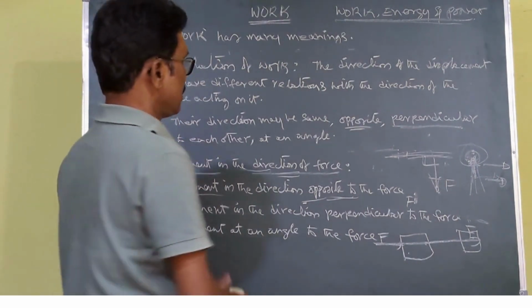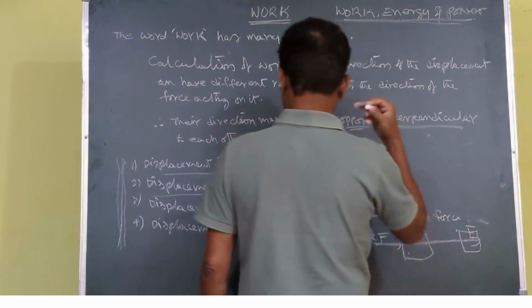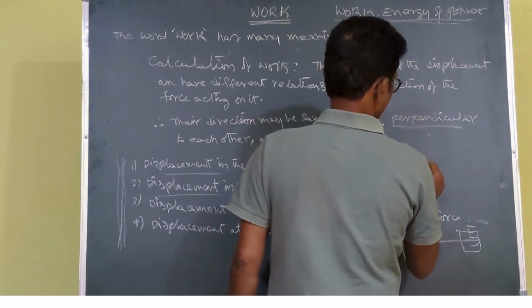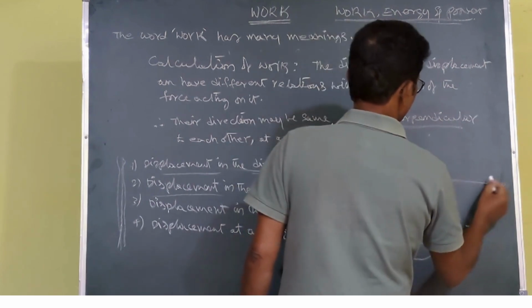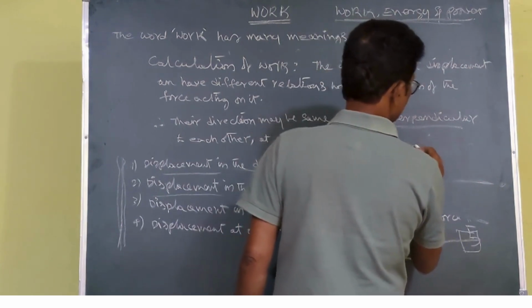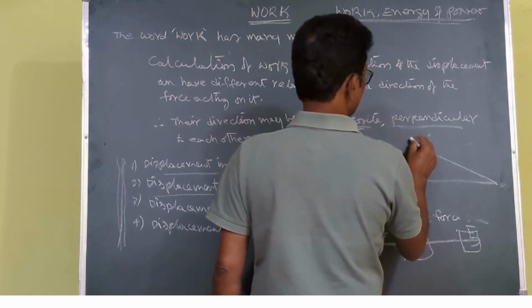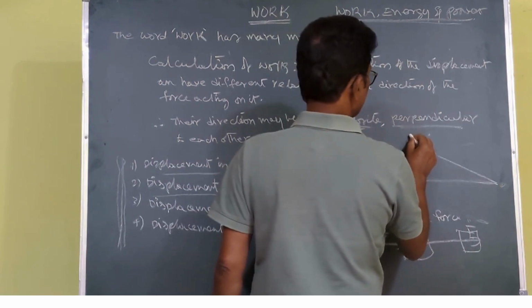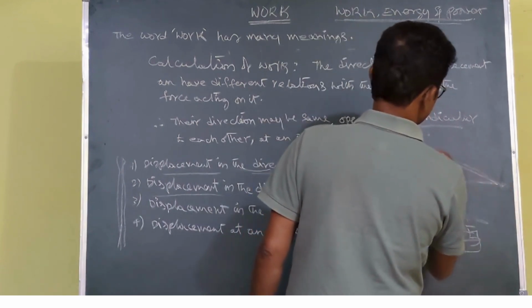Another one: displacement at an angle to the force. You can take an example here. For example, there is a slide, and sometimes children playing games sit here and slide over this surface.